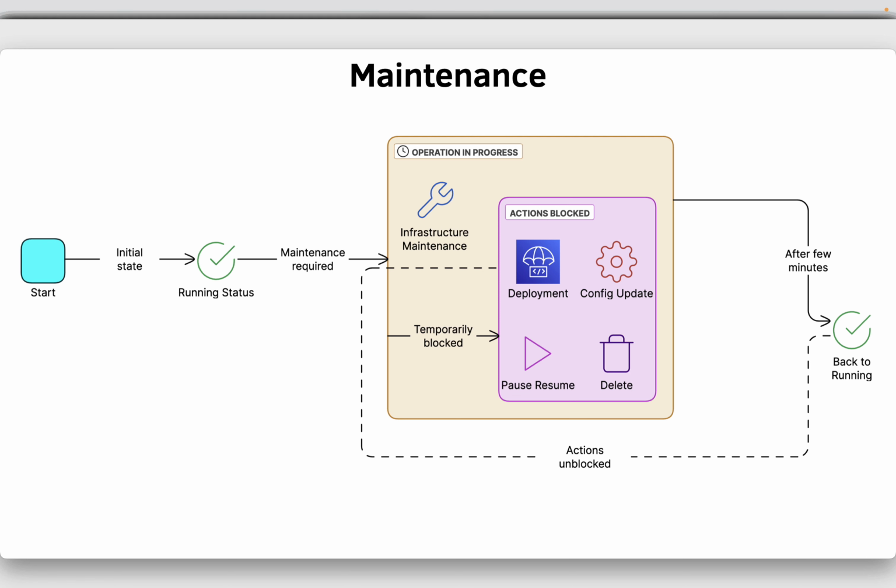And actions on your service, for example, deployment, configuration update, pause or resume, or deletion during this time are blocked for this period of time. You can try the action again a few minutes later when the service status returns to running. So basically, they have a maintenance activity wherein all operations are blocked for a very short duration of time.